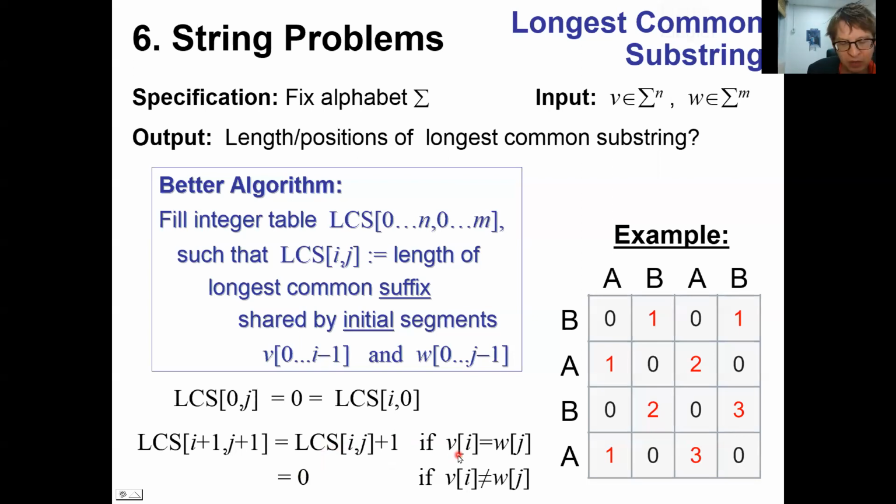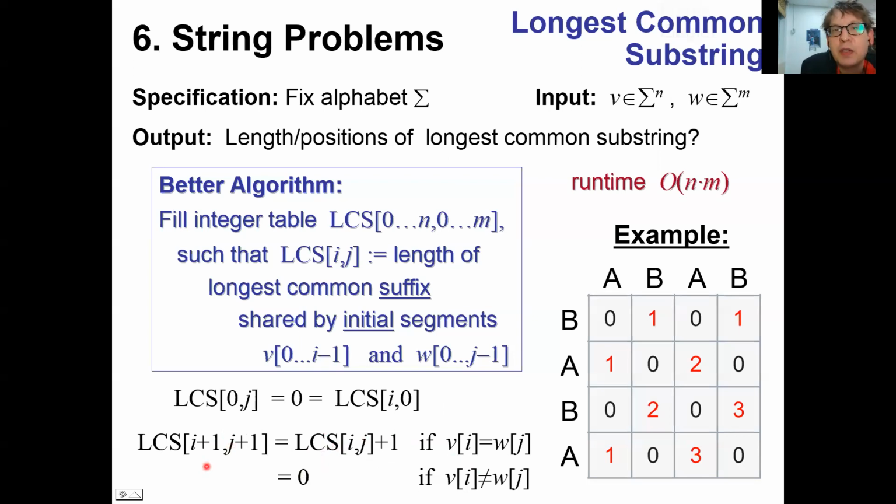So the running time of the algorithm, which I don't even state here, but which arises immediately from these mathematical equations for the inductive definition of the table, is n times m.